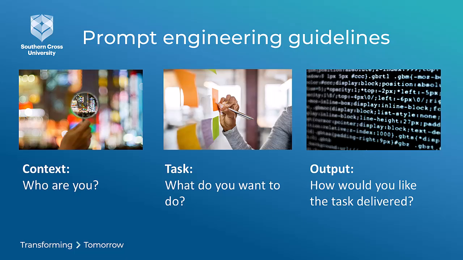Then for task, think about what do you want the GenAI tool to do. Again, be as specific as possible about the question you are asking and what you want the model to do. And then for output, think about how you would like the information to be displayed. Copilot can turn your query into a table, a bullet point list, an image, and many other formats.